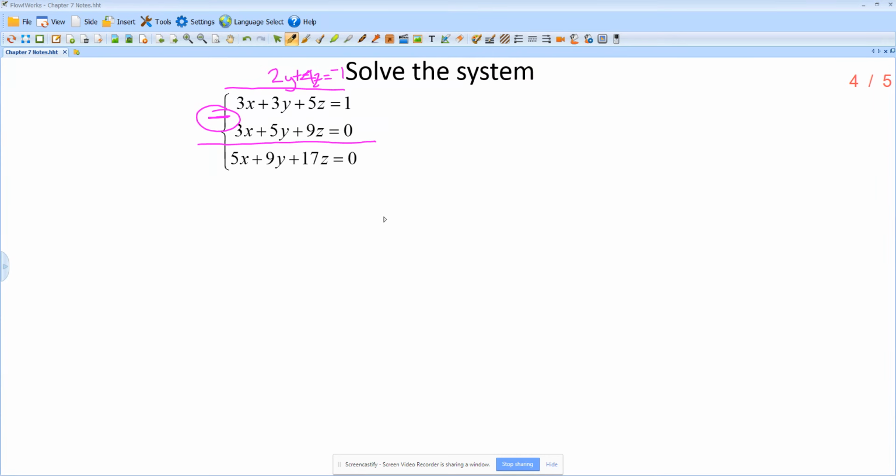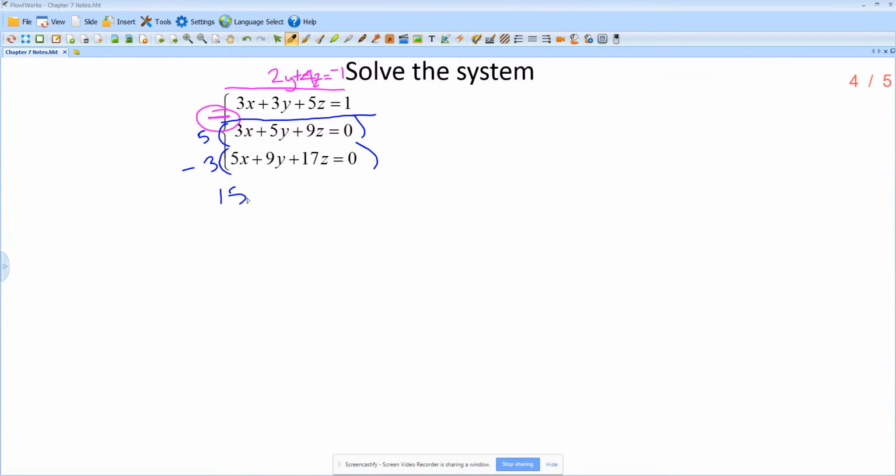Now I'm looking at these bottom two equations. Those x's don't cancel as easily, so I'm going to have to multiply both equations. Here I multiply by 5, here by 3, and 1 negative.